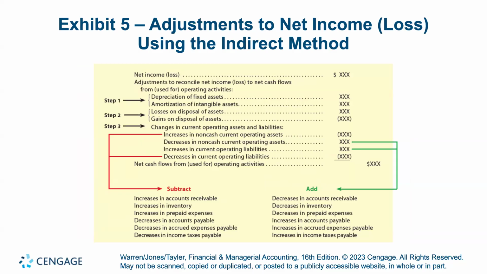Once I've started with my net income, the next thing I'm going to do is make adjustments that will reconcile the net income or loss to the net cash flows. So step one, after putting in the net income, is to add in any depreciation expense.